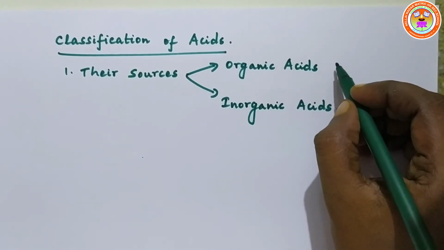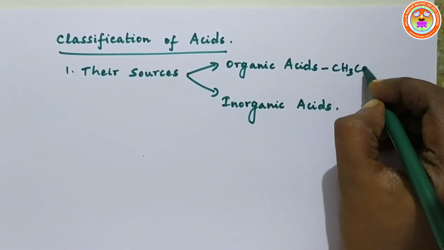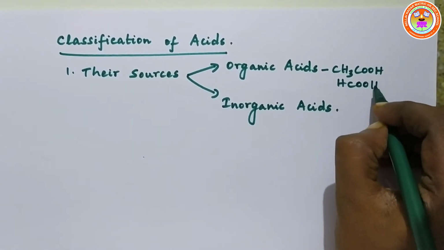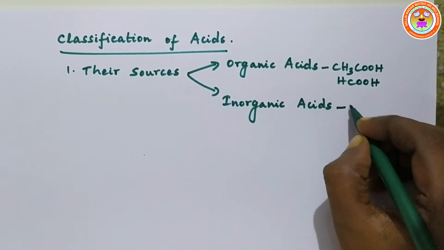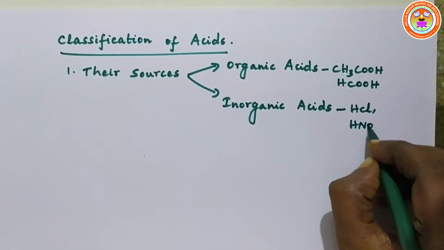Examples of organic acids are acetic acid and formic acid. Examples of inorganic acids are hydrochloric acid, nitric acid, and sulfuric acid.